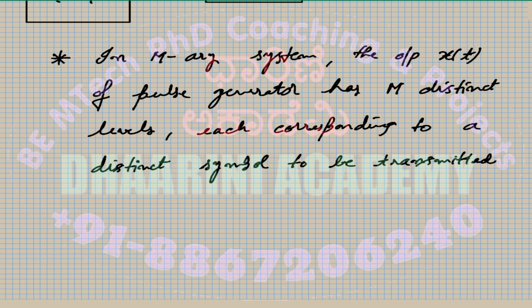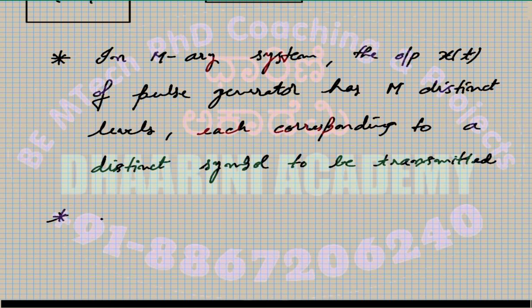Let us say that capital T is the symbol duration, right? In the M-array baseband system, there is a specific name for 1 by capital T. Normally we know that capital T is the symbol duration and 1 by T will be a frequency term, right? But here we have a specific name given for that. Every M-array baseband system calls 1 by T the signaling rate of the system.